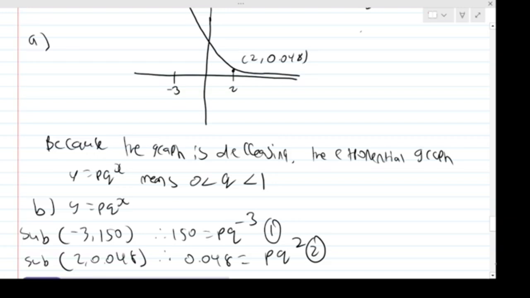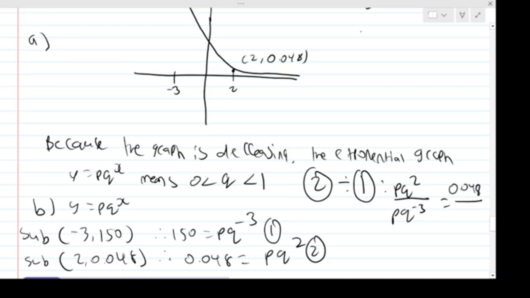But actually, if I then divide the second equation by the first one, I'd get pq squared divided by pq to the minus 3 would be 0.048 divided by 150. Well, actually, the p will cancel, and then q squared divided by q to the minus 3.